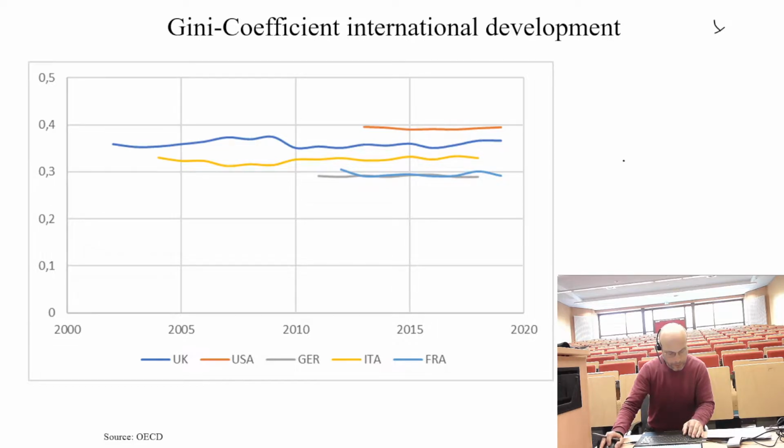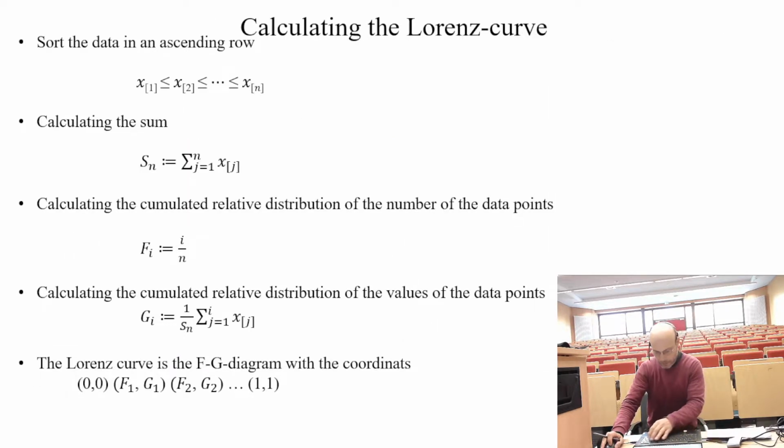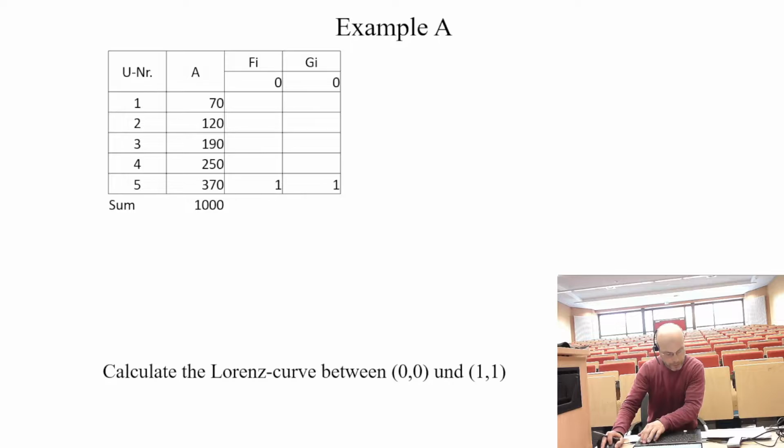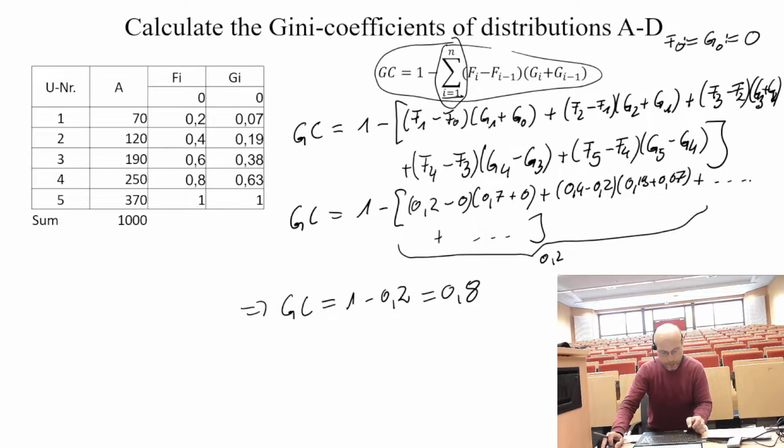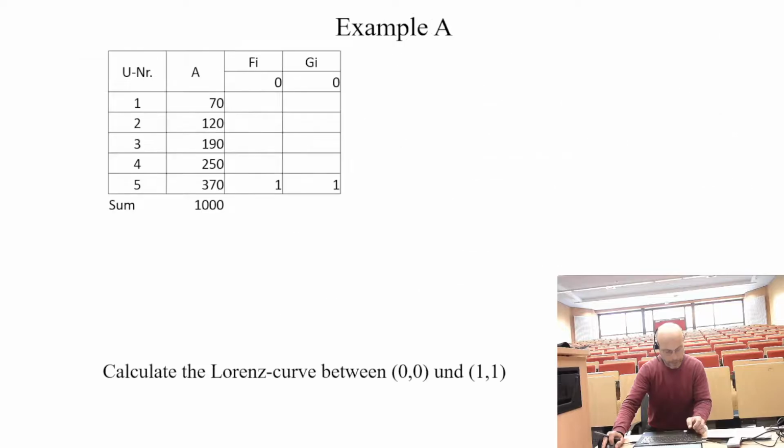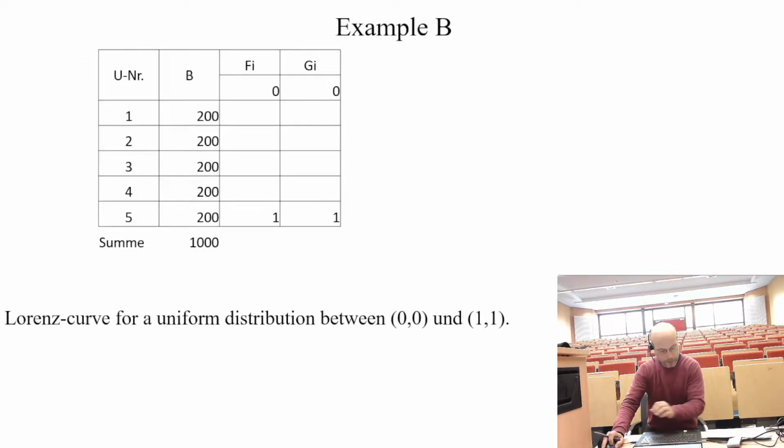So this one, this one, this one, this we had also already. This we don't need. And example A we had already. I think B, C, and D we didn't have. Okay.